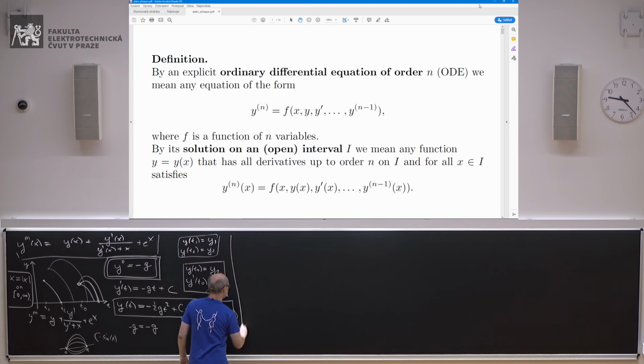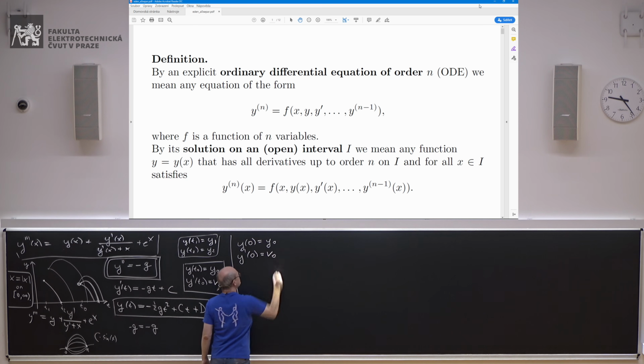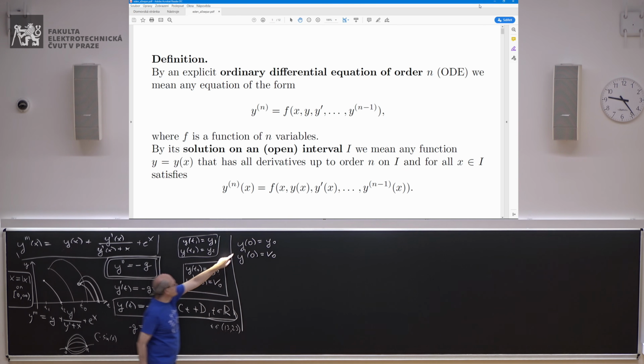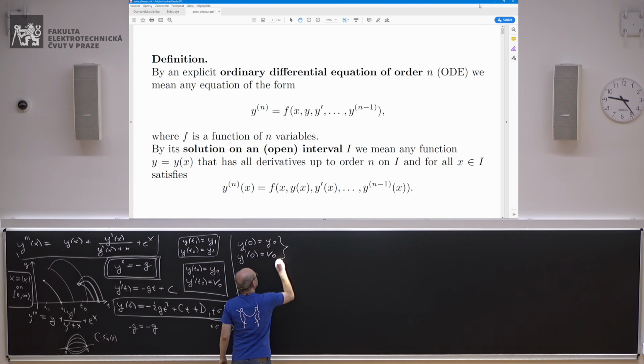Let's see. What happens if I have the following initial conditions? So I have the initial elevation, I have the initial velocity. Well, I substitute my general formula here for y. What do I get?